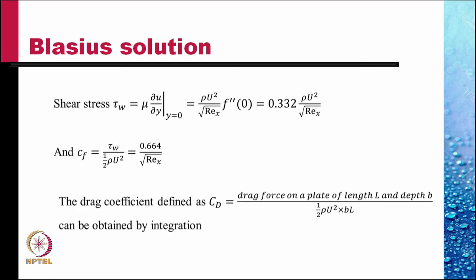The drag coefficient on the flat plate, defined as drag force on the plate of length L and depth B divided by 1/2 rho capital U square times the area BL, can be obtained by integration.